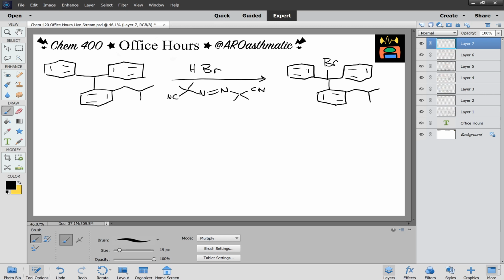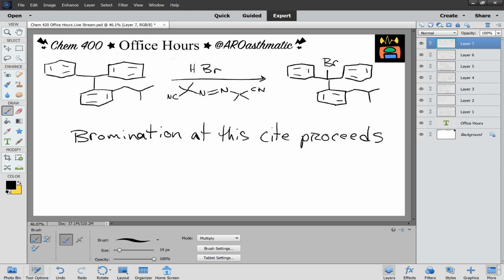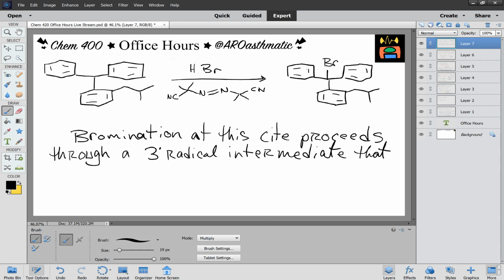And when we're asked to rationalize it, we can say that bromination at this site proceeds through a tertiary radical intermediate that is stabilized through resonance by 3 phenyl rings.